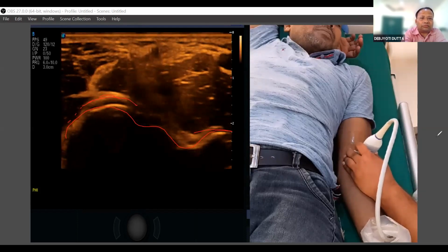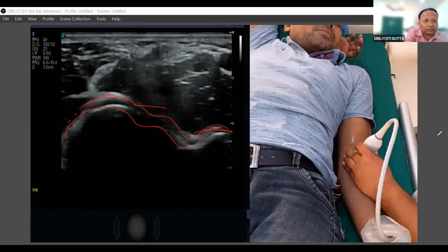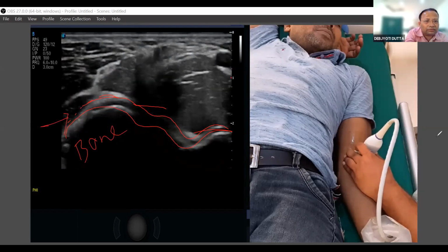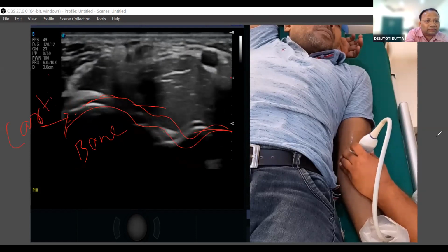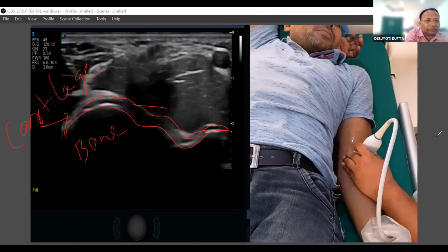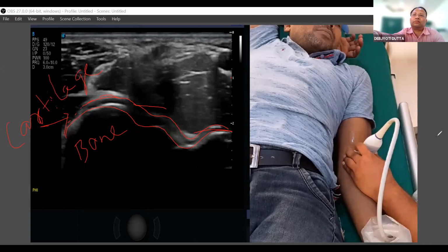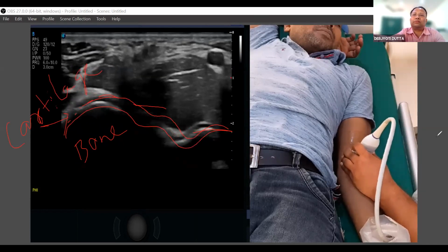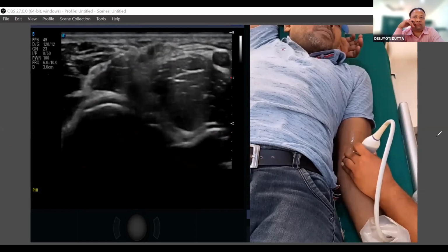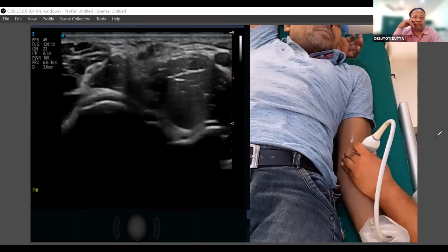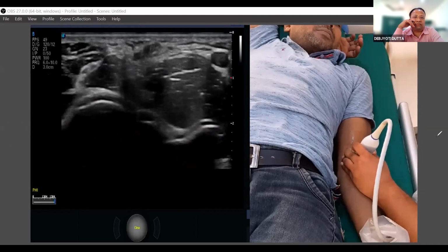Sorry, chroma. So now you are able to see these bony portions. Here I want to show you the exact bony structures that are there. Okay, let me stop here.